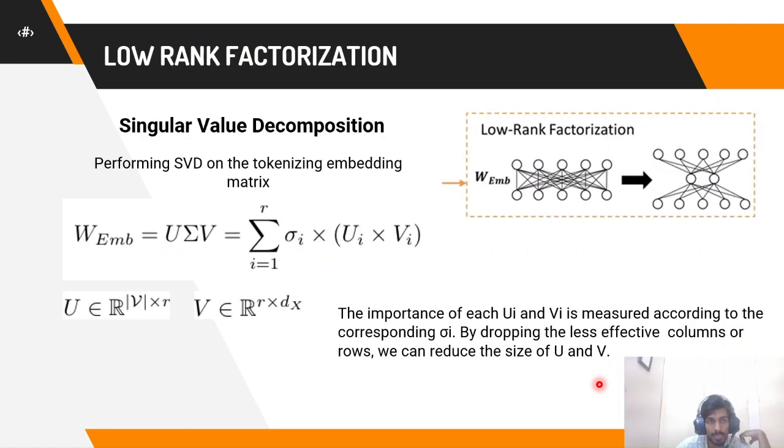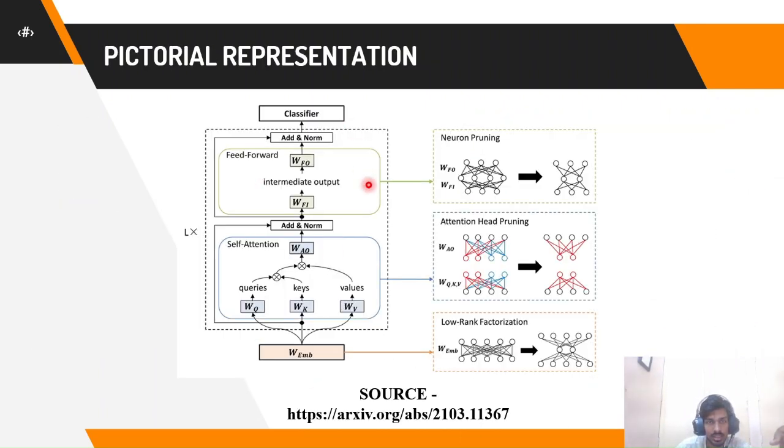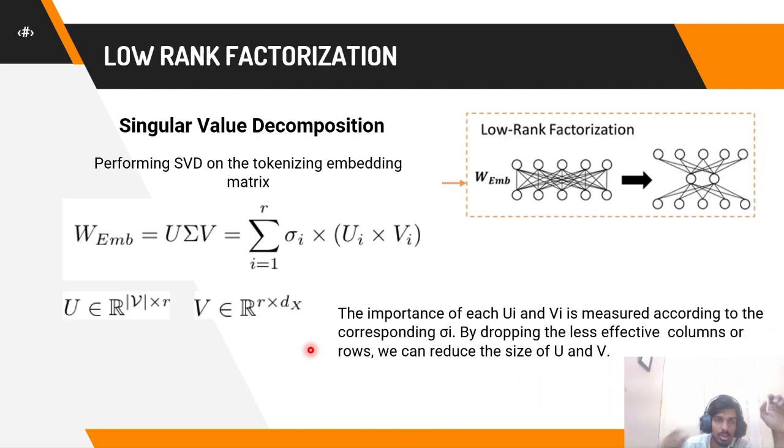Okay, and now let's see what is low rank factorization. In low rank factorization, we are simply performing singular value decomposition on the tokenizing embedding matrix. As we can see in this diagram, the WEMB is the tokenizing embedding matrix, and so we are going to perform low rank factorization on the weight embedding matrix.